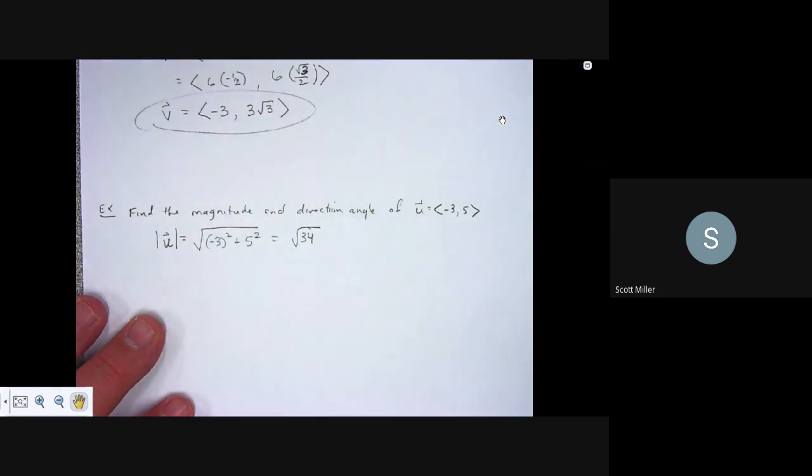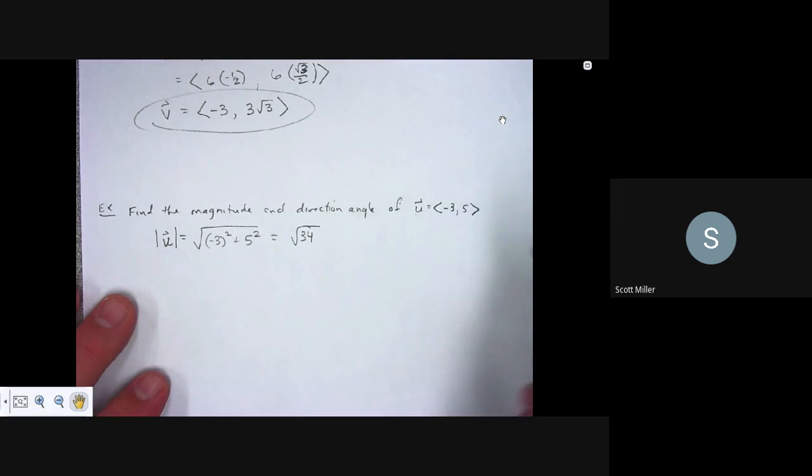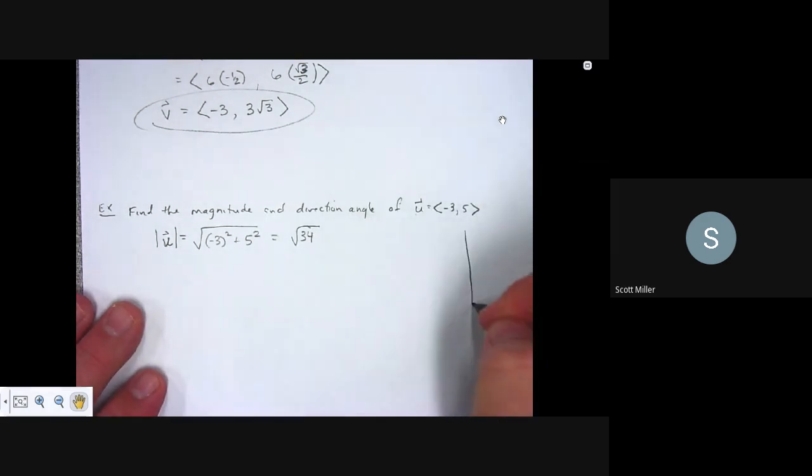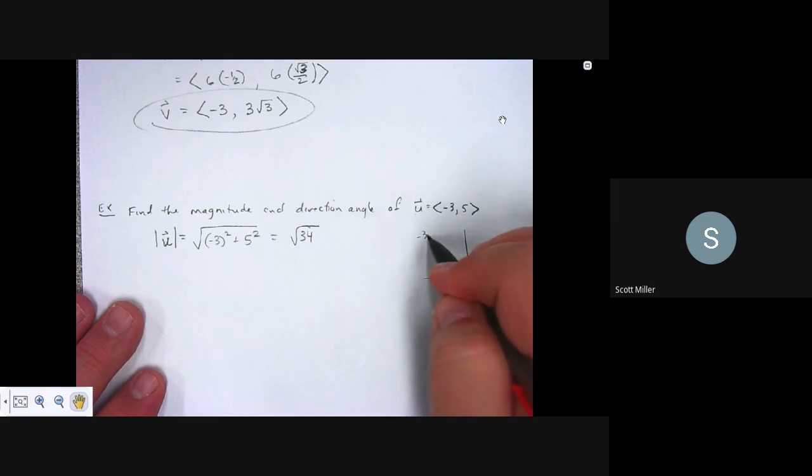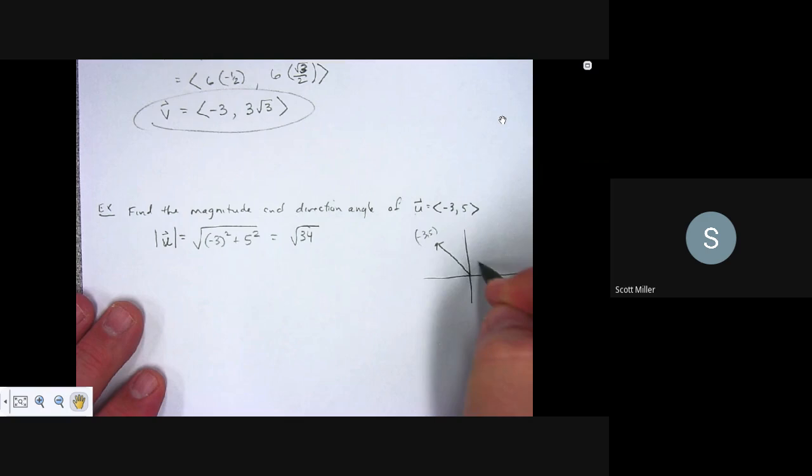To find the angle of direction, it's important that you draw this vector out real quick. Just sketch it, ⟨-3, 5⟩. It doesn't have to be perfect. It is over here. They're asking for this angle right here. This is the one I want.